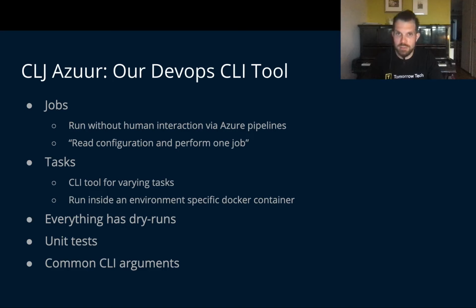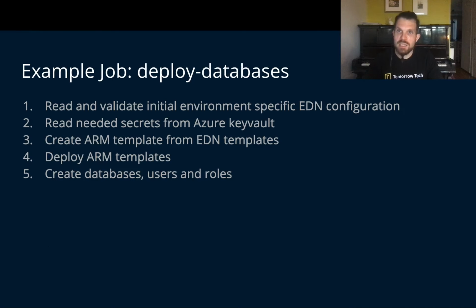And all of these operations have dry runs, so they offer a way to test them. There are unit tests and also common handling of command line arguments. So it's a nice way to bundle all these kinds of operations in one tool. Here's an example of how it works.